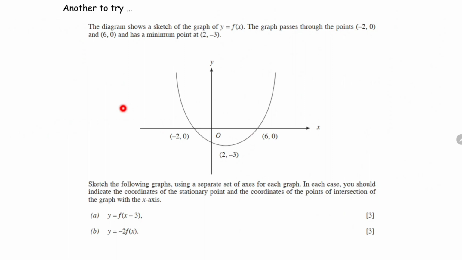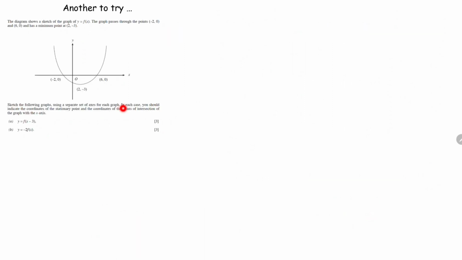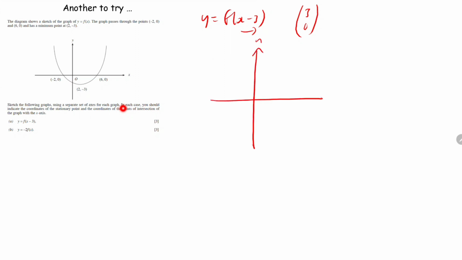Okay, another one to try. Give this one a go. First transformation, y equals f of x minus 3. It's going to be a movement to the right of 3 in the x direction, which is translation (3, 0). So our new coordinate sets, this one's going to move 3 to the right.